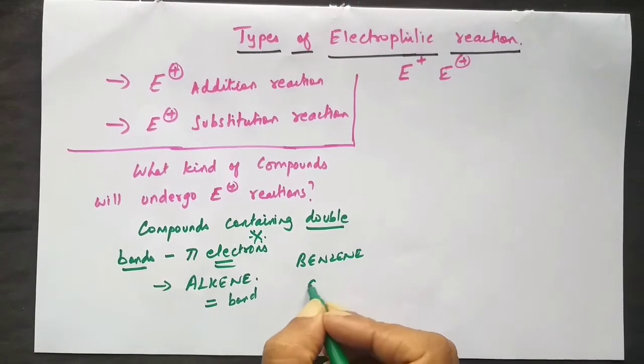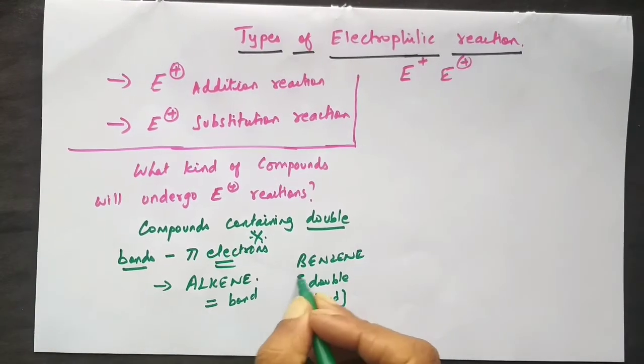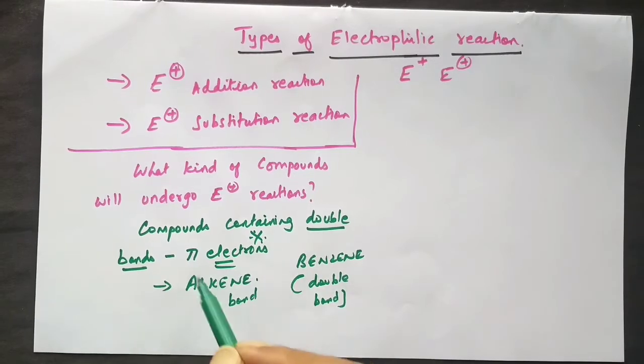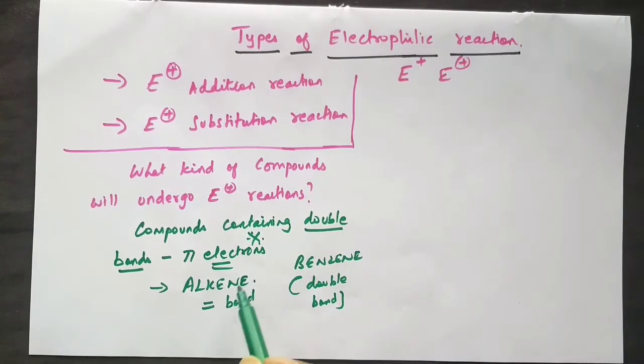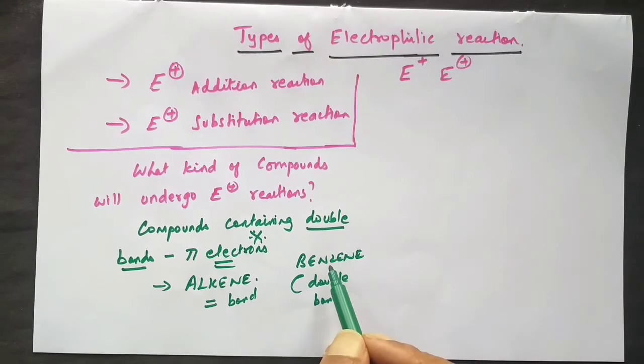Here also a double bond is present. So basically the compounds which have the double bond will undergo the electrophilic reactions. The most interesting will be alkene, and the second will be benzene.